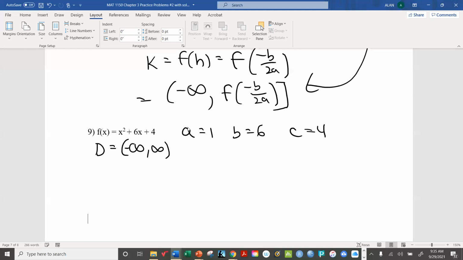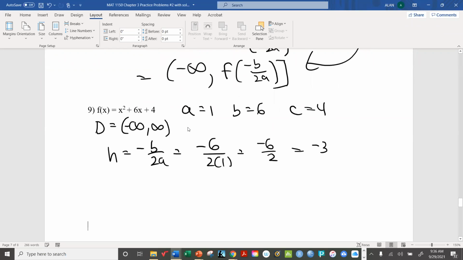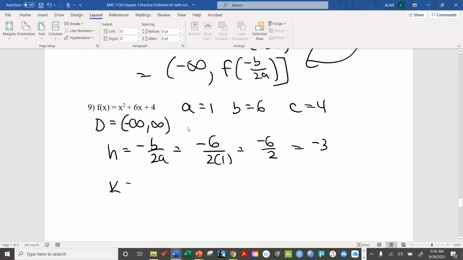But the range requires us to know the vertex, specifically the K. All right, so H is minus B over 2A. And then K. Oh, one more thing, make sure we all note that A is positive. Okay, so that means it's facing up.